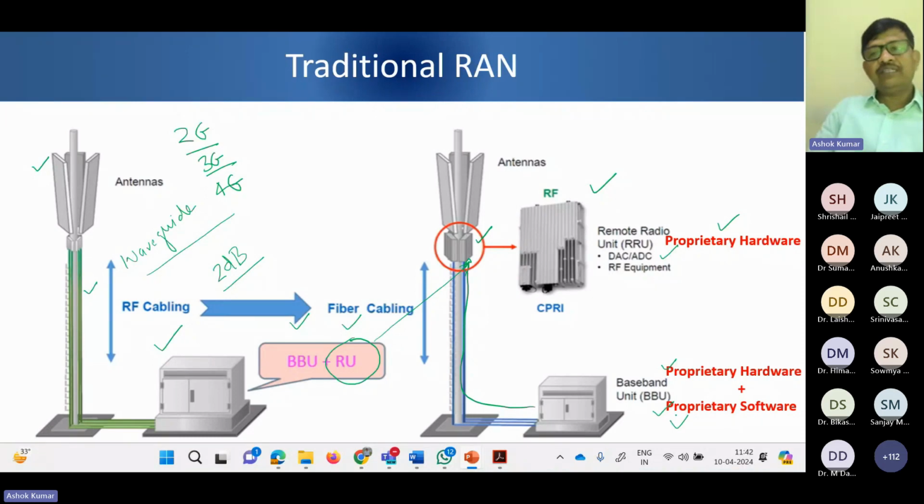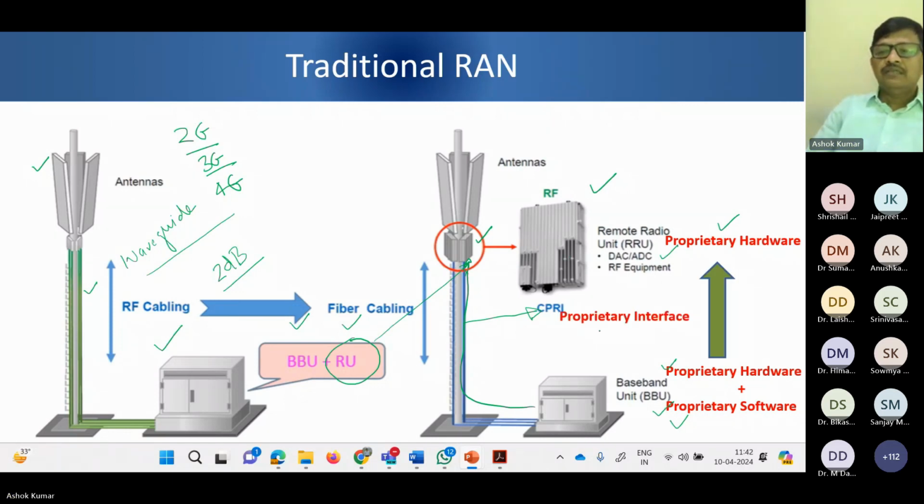The interface running on this fiber is called CPRI, which you might have heard of, and this interface was also proprietary.